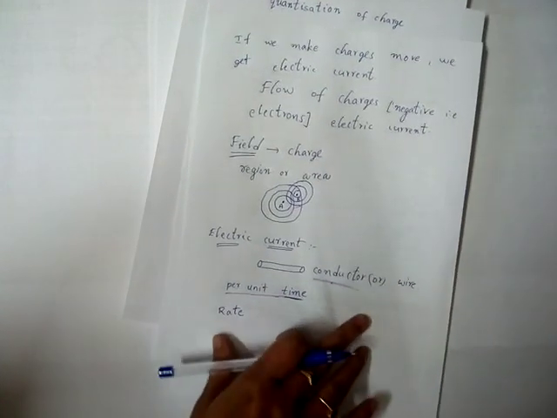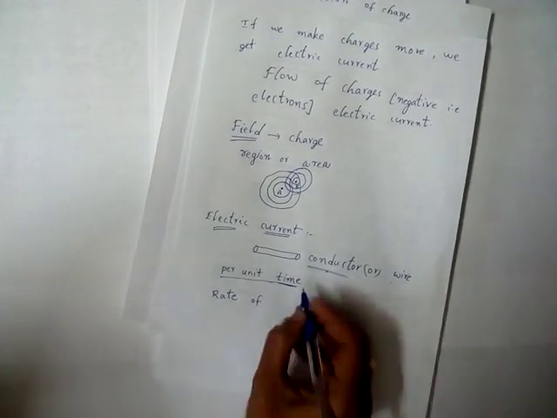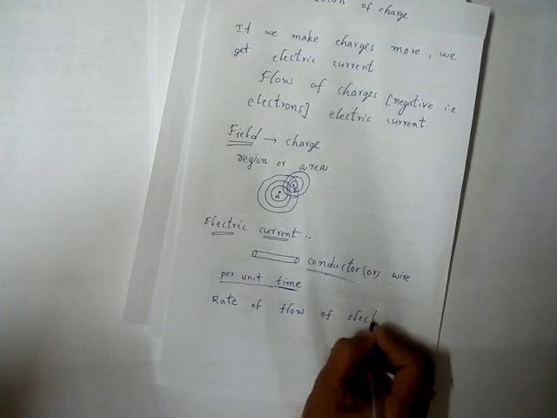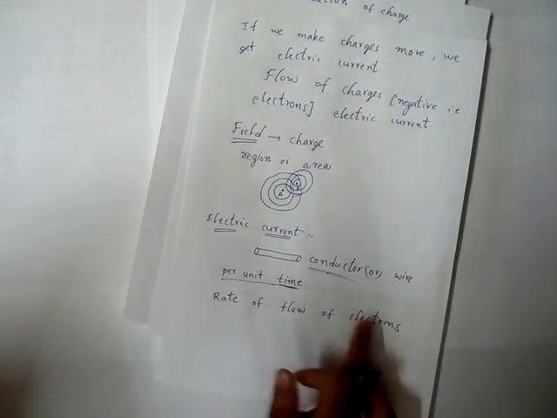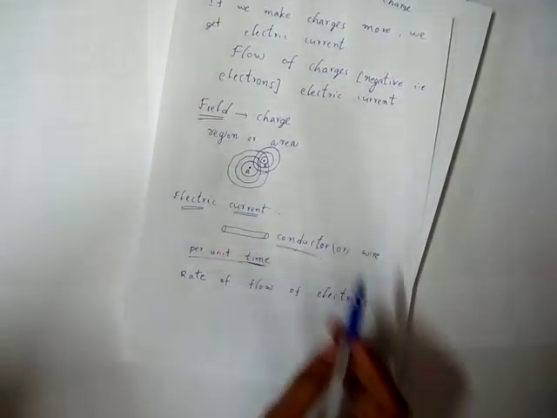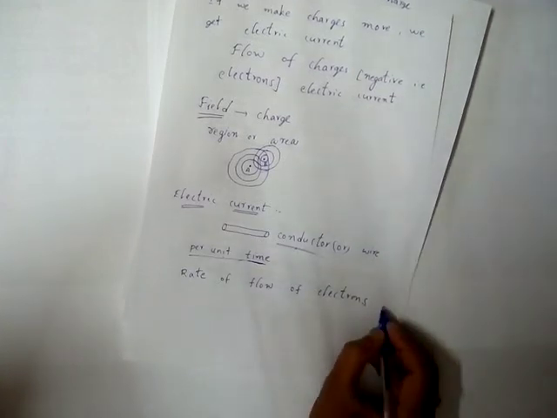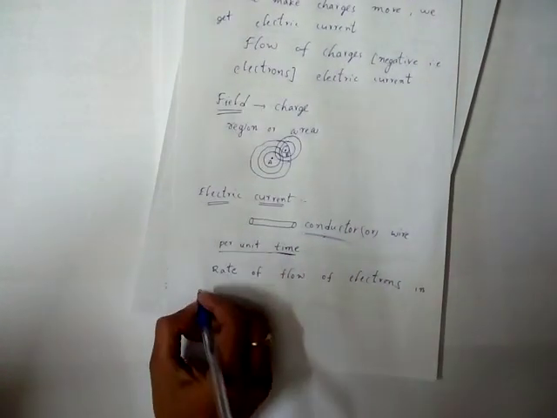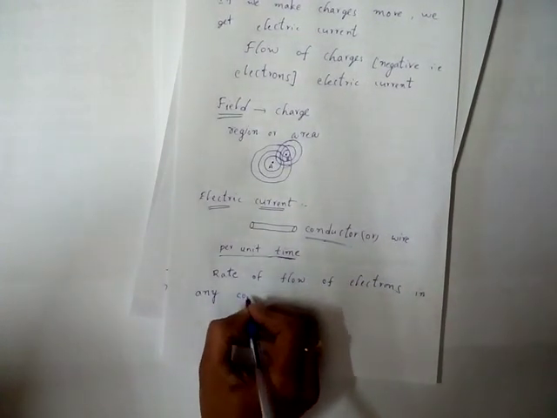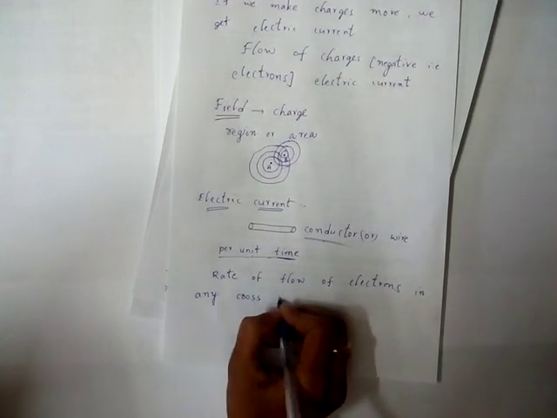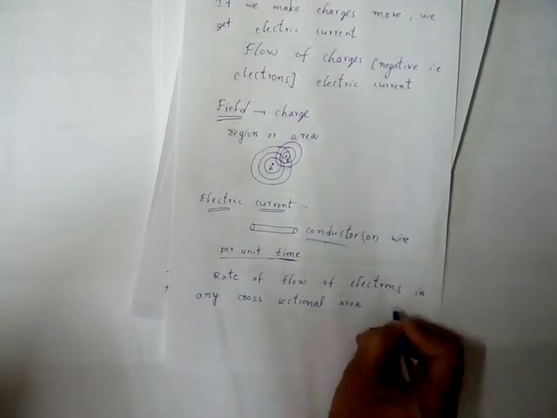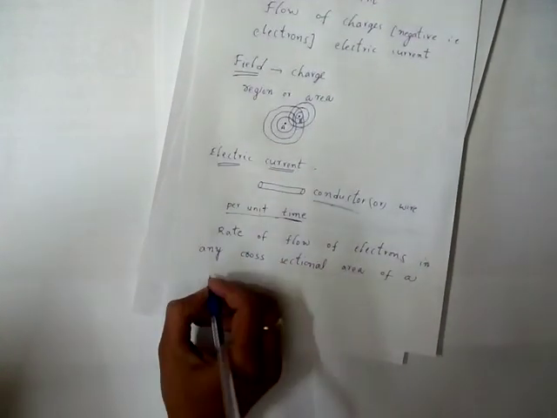So definition you can write: rate of flow of electrons. So here rate means per unit time, flow means moving charges in any cross-sectional area of a conductor.